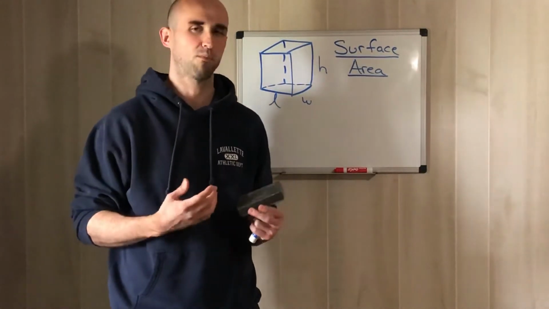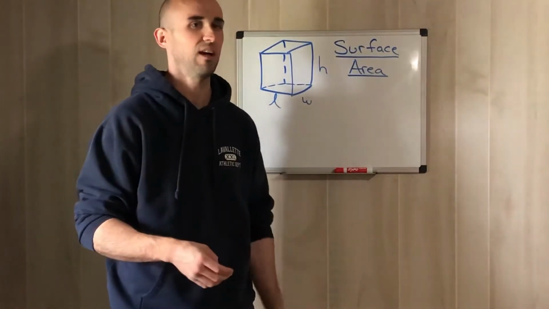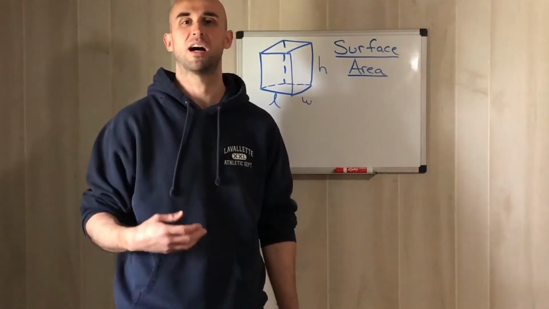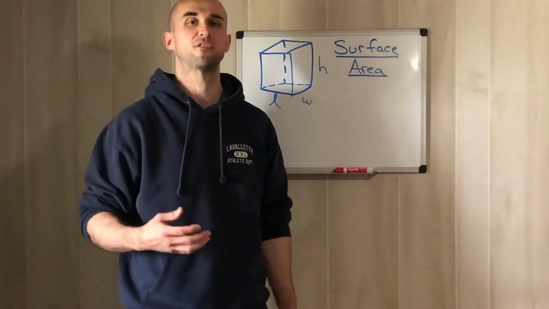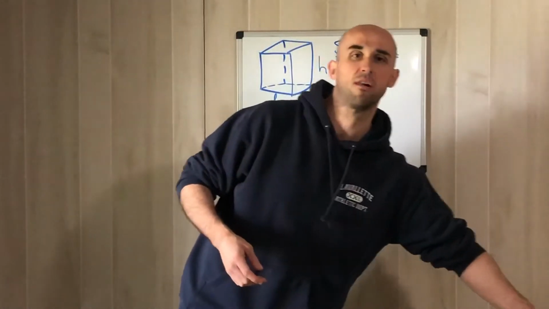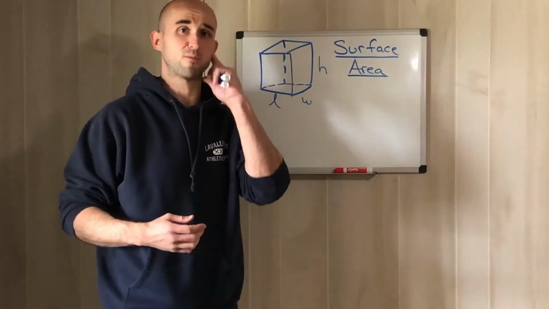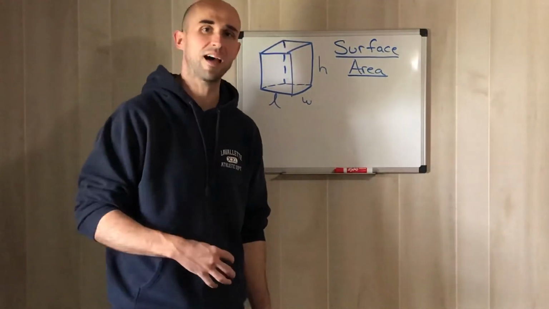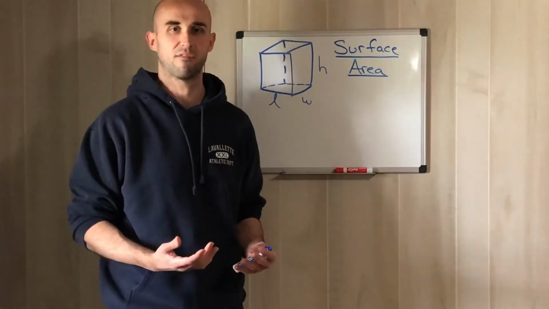If you have a cardboard box, the surface area would be how much cardboard is on the outside. If you're wrapping a gift, that's a box, and surface area would be how much paper would go on the outside. So the major difference between the two: volume is how much is inside a 3D shape, and surface area is how much is on the outside of a 3D shape.